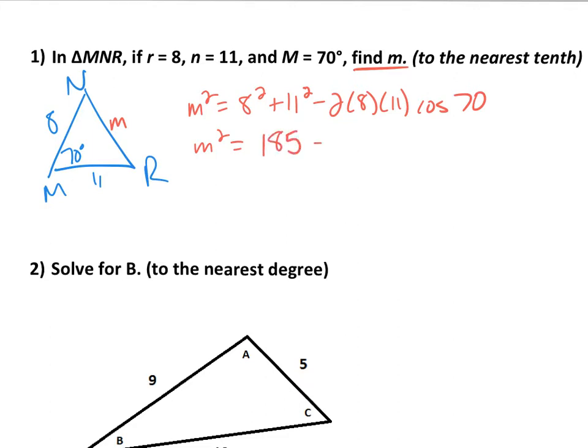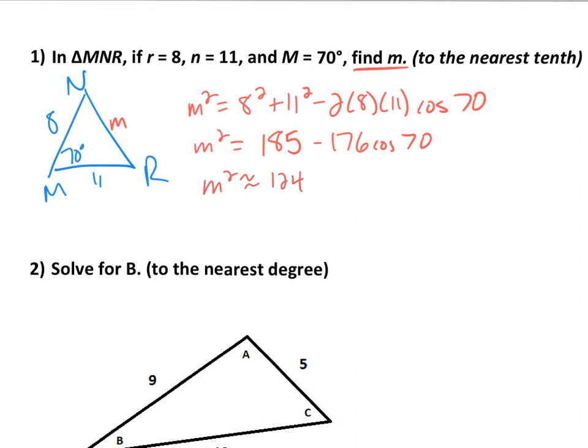Minus, then we're going to have 2 times 8 times 11, and that comes out to 176 cosine 70. And you can put that all in your calculator now. I wouldn't say that's too challenging to do. You can do 185 minus 176 cosine 70, and you're going to get about 124 point something.